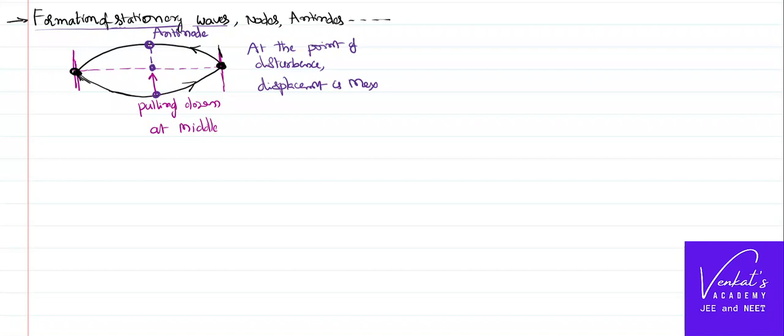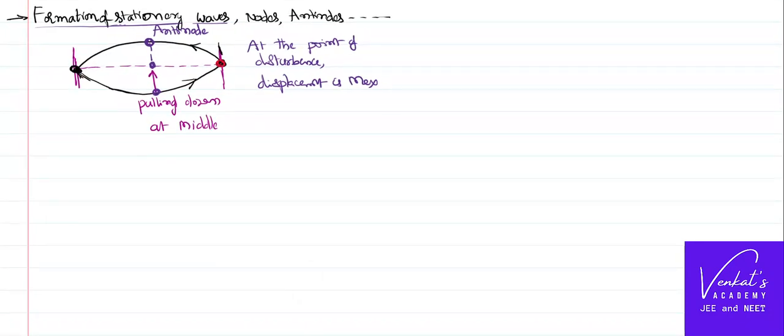And at the end of the wave or at an obstacle, here it is minimum. The point where the displacement is minimum is called a node. So displacement is maximum at the point of disturbance, and at the obstacle or at the wall, displacement is minimum, and that is called a node.